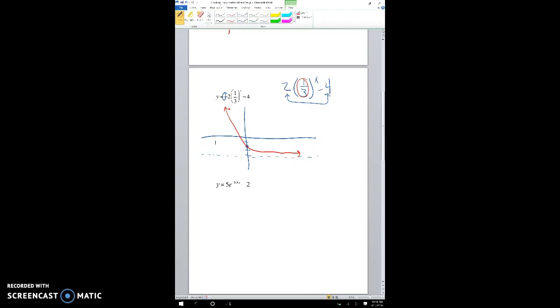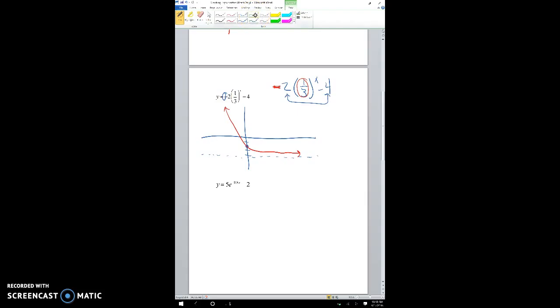Okay. However, in the equation, there is a negative sign out front. So what does a negative sign do? It creates a vertical flip, right? So what's going to happen here is that when we put the negative out front, the whole graph is going to vertically flip over this horizontal asymptote.